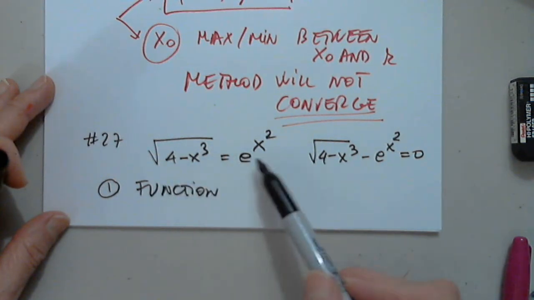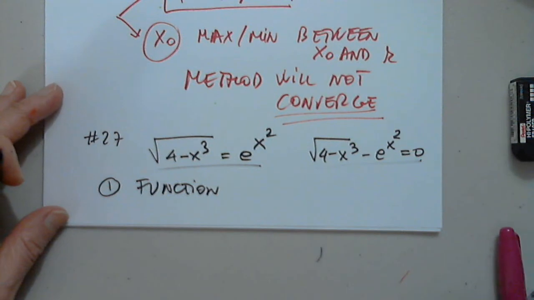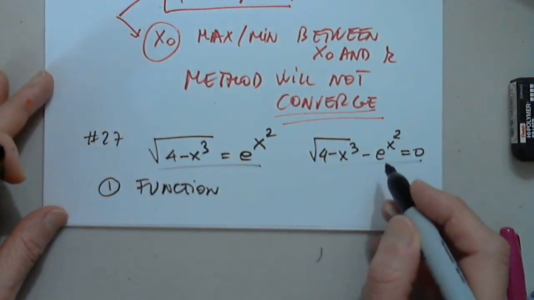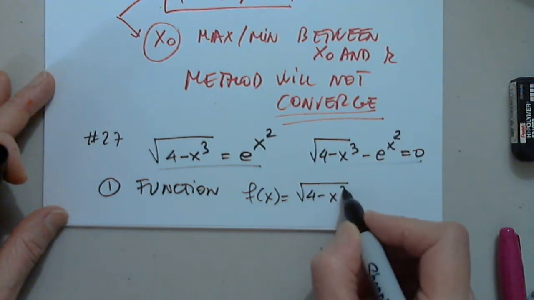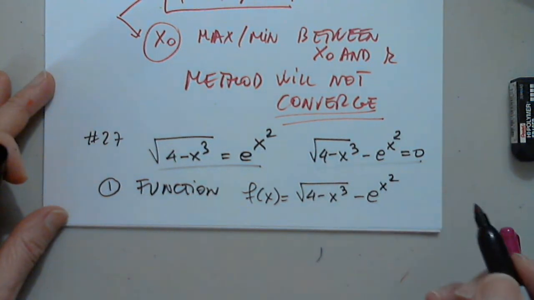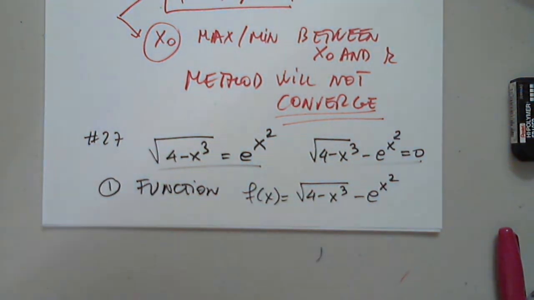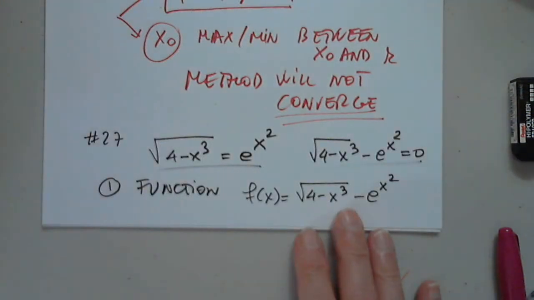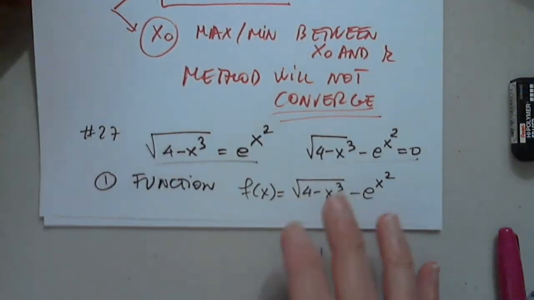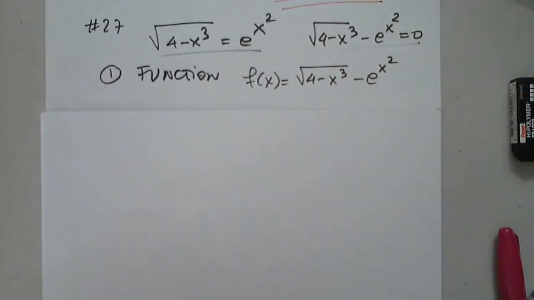If I move one of the terms to the other side, it doesn't matter. I'm solving this or I'm solving this is the same thing. But I need the function, and this is my function. Not a nice function. But if I pick something that we can solve algebraically, then what's the point in discussing Newton's method? So I had to pick a situation that no one can solve by hand, because otherwise there is no point in discussing Newton's method.